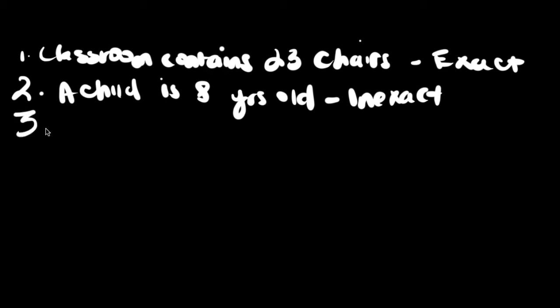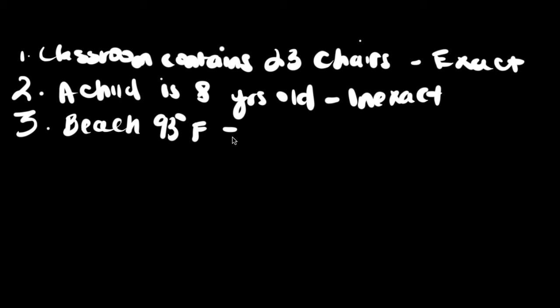Question 3. The temperature at the beach is 93 degrees Fahrenheit. Would you say this is an exact number or an inexact number? If you said inexact, you're correct because the temperature at the beach is fluctuating.